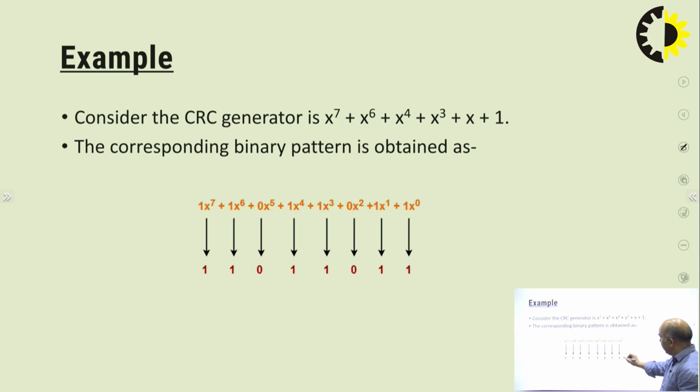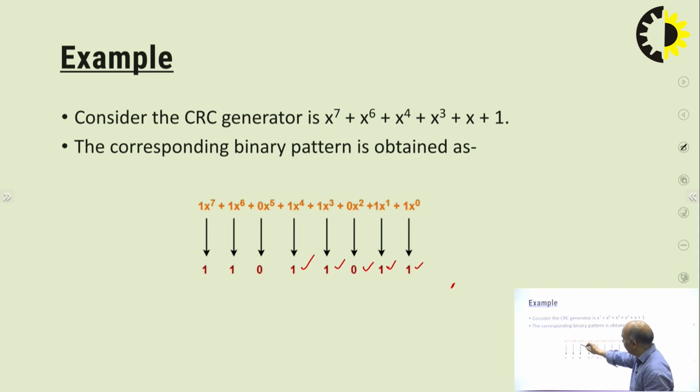Here, x to the power 0 gives 1, and x to the power 1 is present because x is there, so we get 1 here. As we do not have x to the power 2, we represent it as 0. We have x^3, so 1 times x^3 gives 1. We have x^4, so we get 1 again.